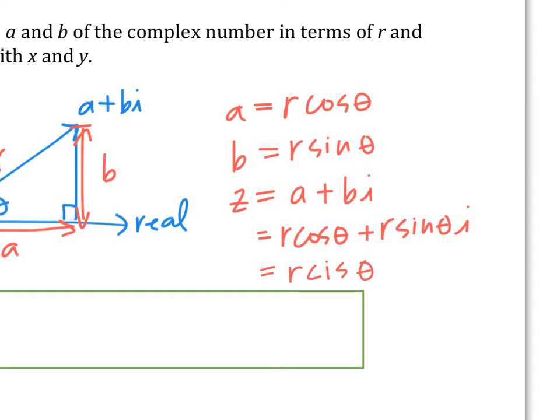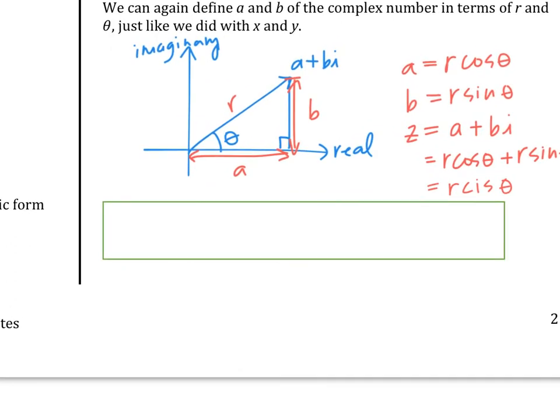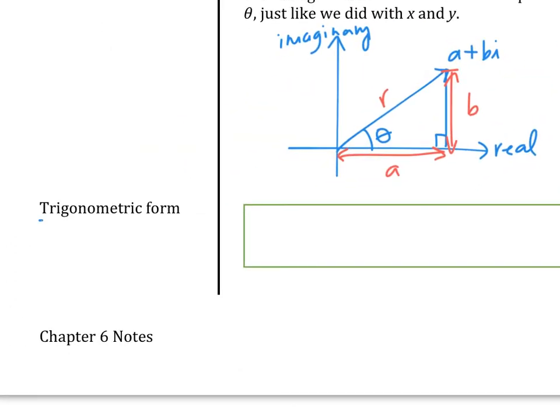Okay, so let's organize all that information. This R cis theta form is called the trigonometric form. So this is where we got a lot of forms. I know I haven't really tested you on the forms, but if you recall from before, what forms did we have? Linear combination, the component form, there were some other ones.